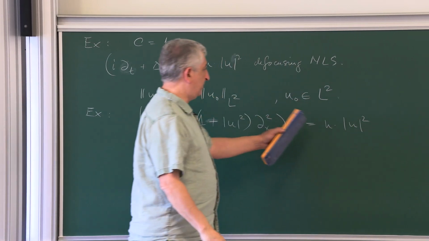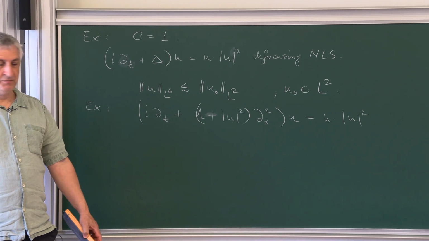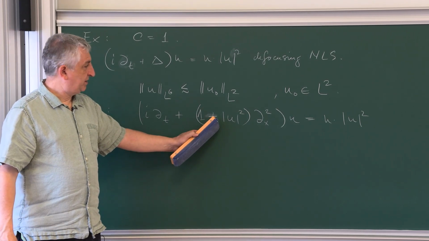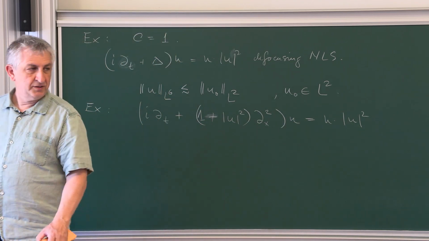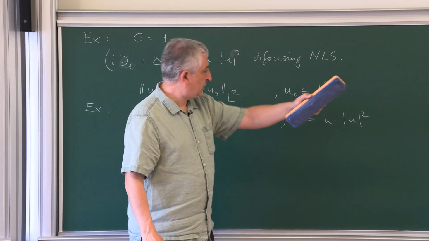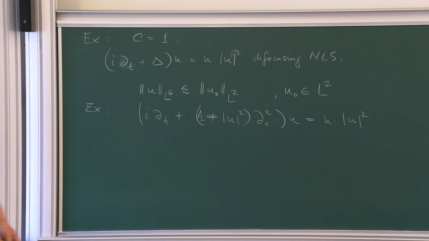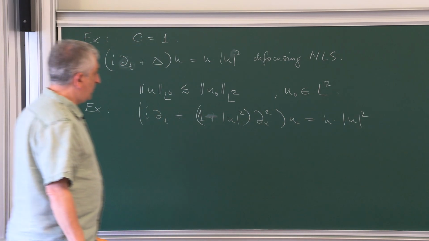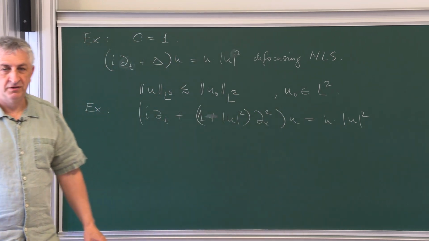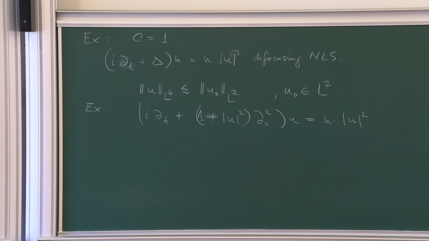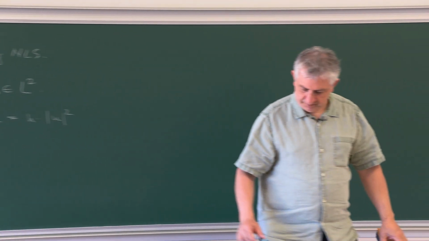So this would be an example of a quasi-linear defocusing problem. So I made sure I put the right sign in here, and I made sure I put the right sign in here. So this guy in here gives us the c-square contribution. This guy in here gives us the 1 contribution. All right? If you change either of these signs, then the problem is no longer defocusing. And of course, you can add more terms, but that's enough.